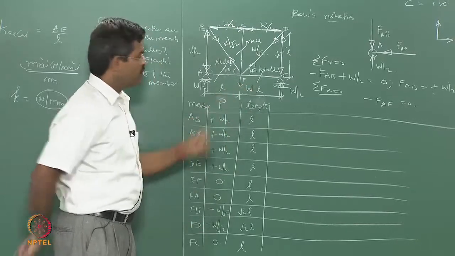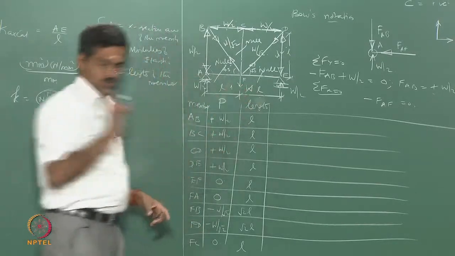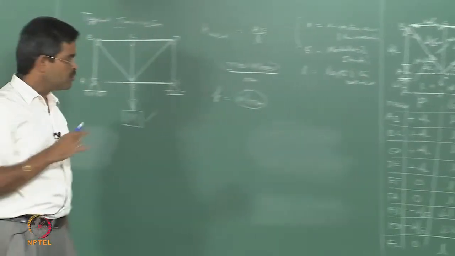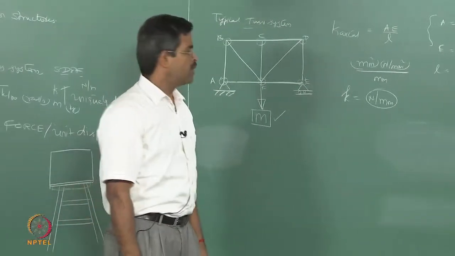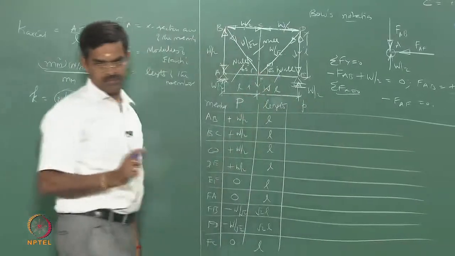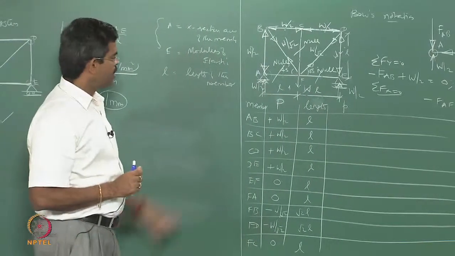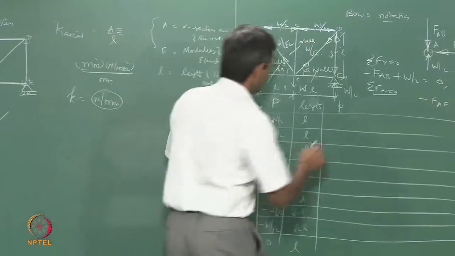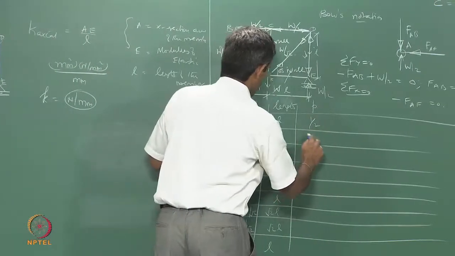Instead of W, if I apply a unit force 1, that is called the unit load method. Apply 1, then I will call it small p, and it may not actually work out. Wherever W is there, replace it with 1.